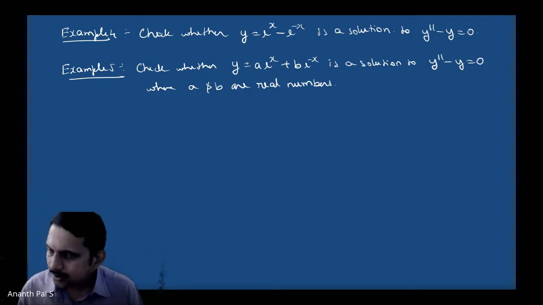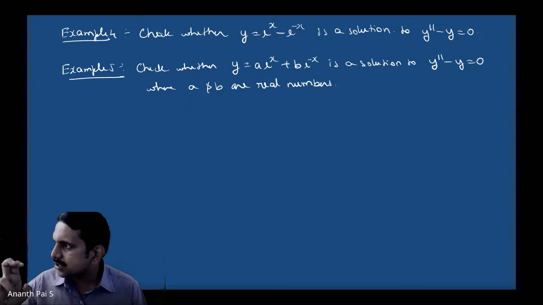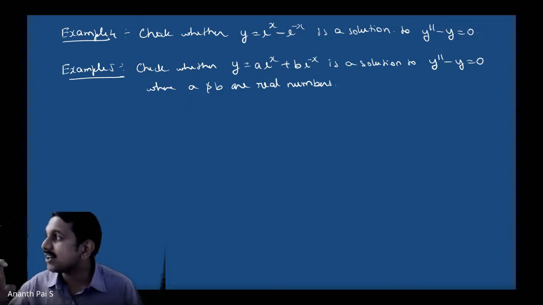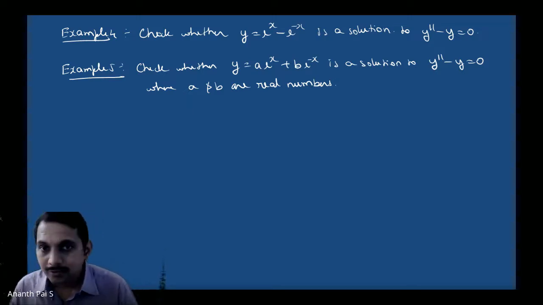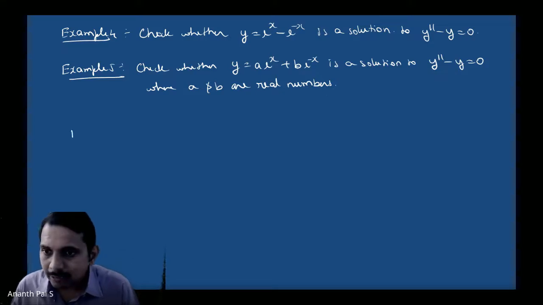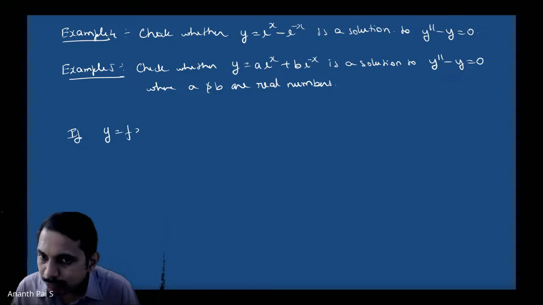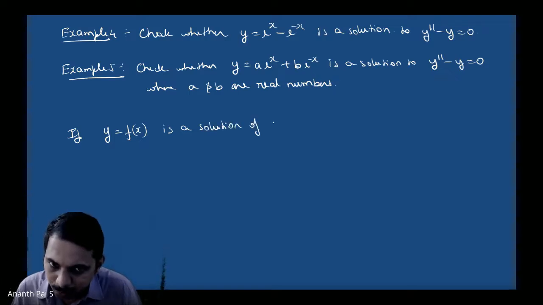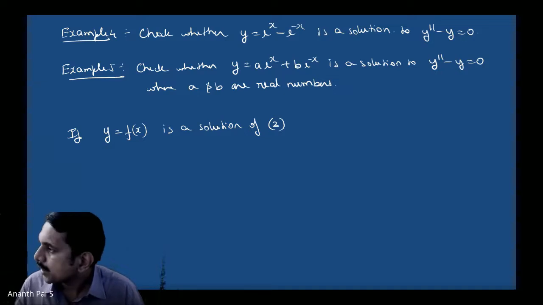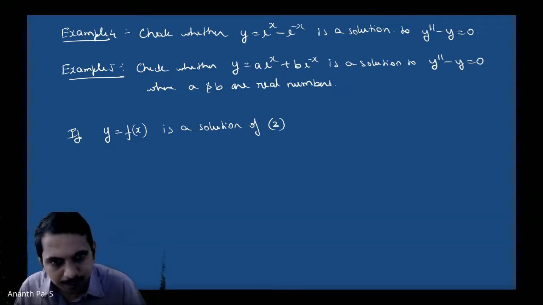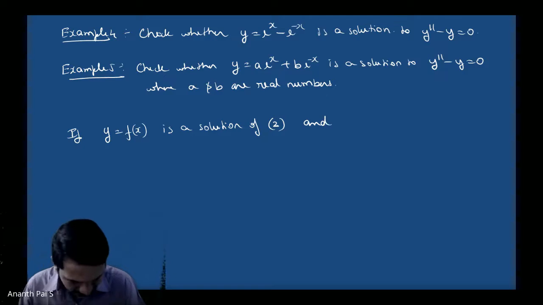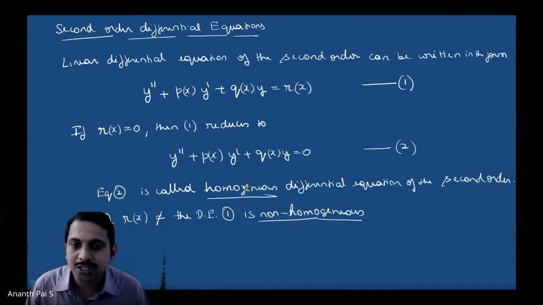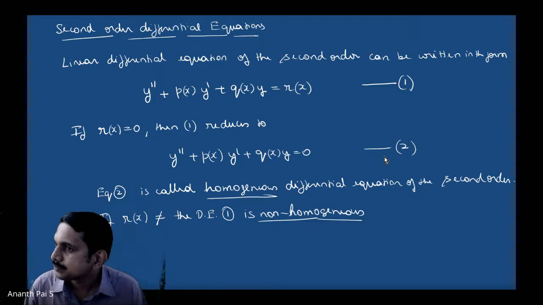Okay. So now, what is it that we are reading out of this? We are reading out that if y is equal to f of x is a solution of equation 2, and you know what is equation 2? Equation 2 is this homogeneous equation. Getting that point?